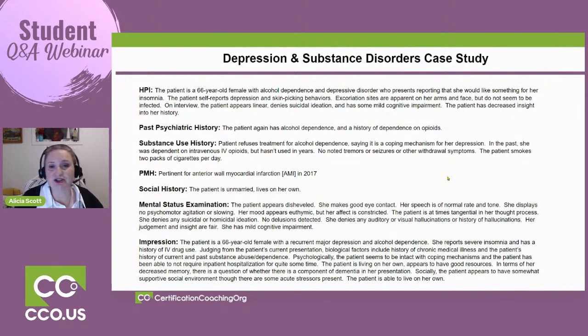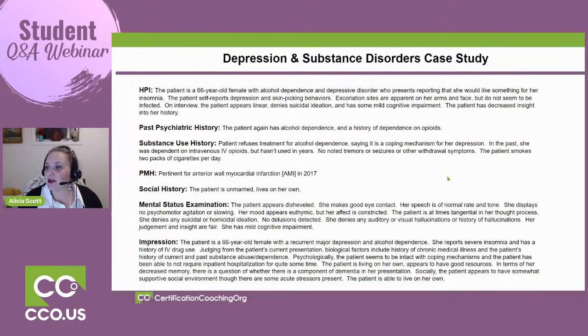Have you been taking your blood sugars? How have you been feeling? But in this scenario, the patient is a sick visit, and the patient has specific things that they want to cover with the provider. Let's look at the past psychiatric history. Again, she has alcohol dependence and a history of dependence on opioids. All right, now we're getting into the substance abuse. So the focus of this case study is depression and substance disorders together.